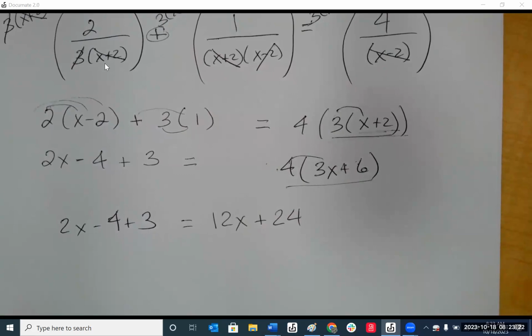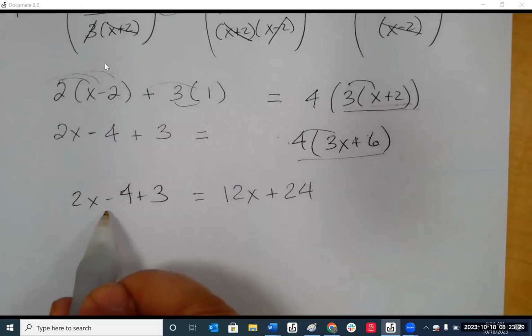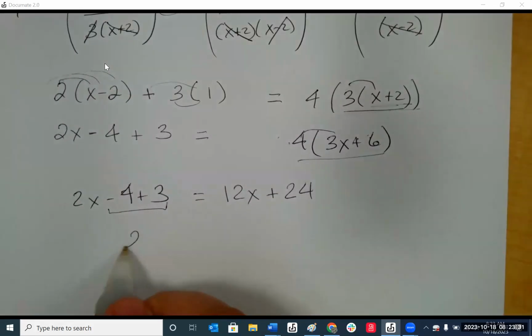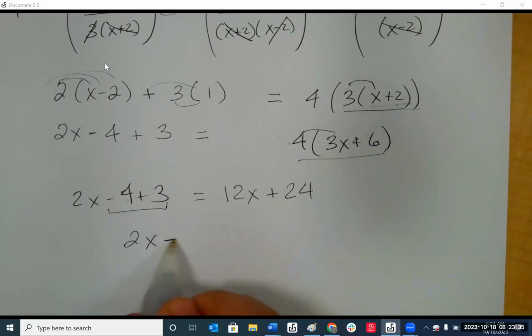Combine like terms. Whenever you get rid of parentheses, combine like terms. So we can combine these two. Negative and positive. 4 is bigger, so the answer is negative. 4 minus 3 is 1.